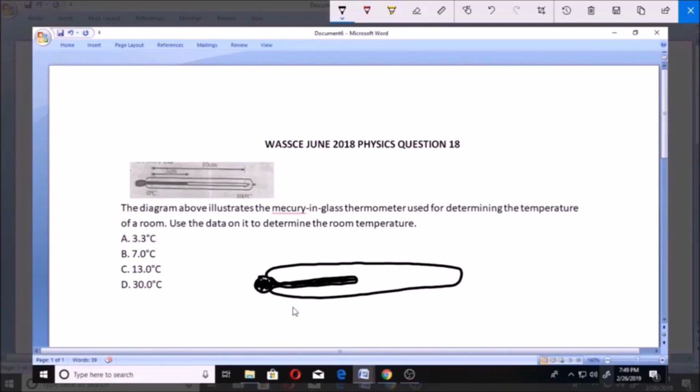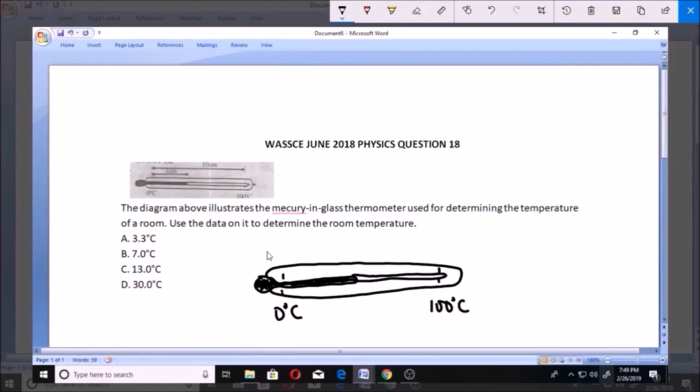From the indications, we can see that here we have 0 degrees Celsius, and here we have 100 degrees Celsius.